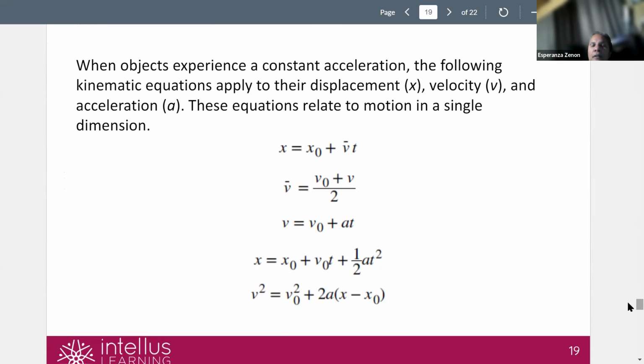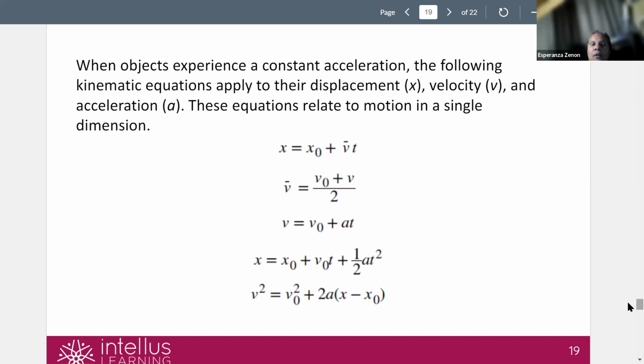If it's free fall, everywhere you see an A, replace it with minus G. The G, because the value is 9.8 meters per second squared. The minus because it's down.